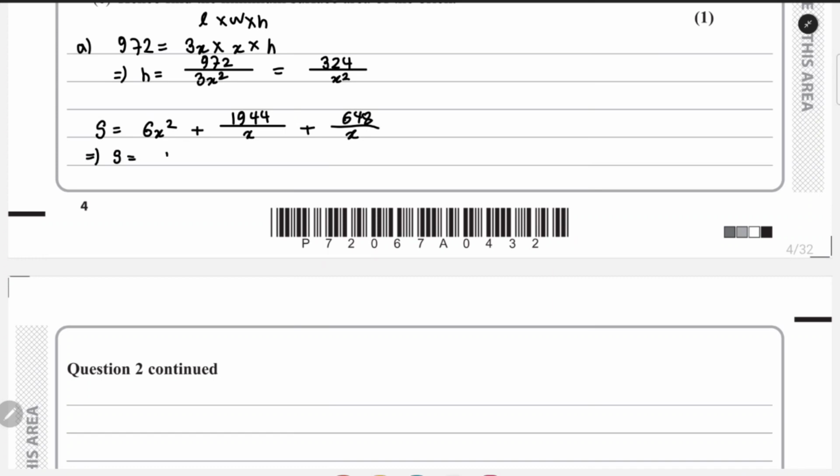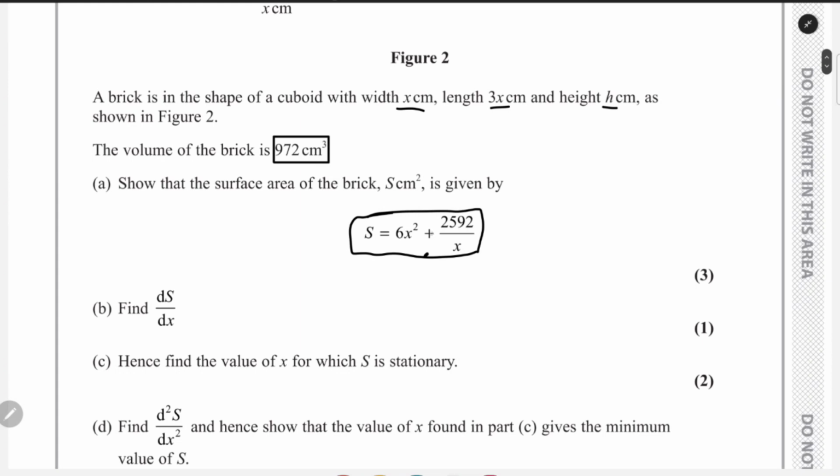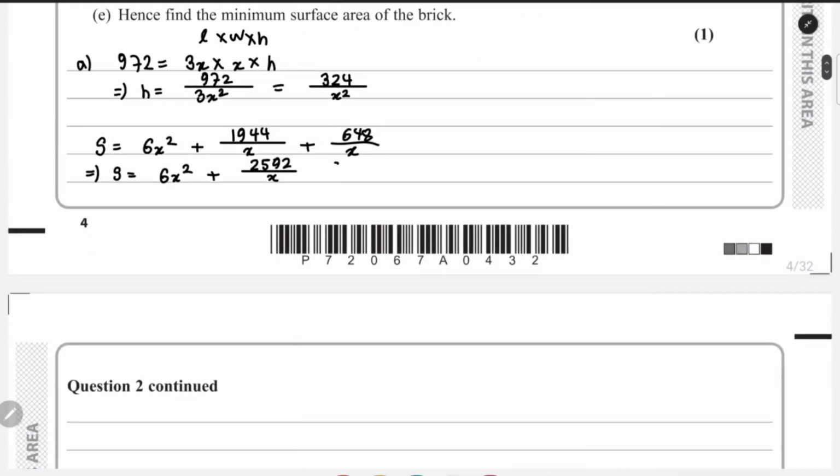If we add the second and third term together, since they have the same denominator, we'll get 2592 by x. We have to show exactly that, so we can write over here that it's shown.